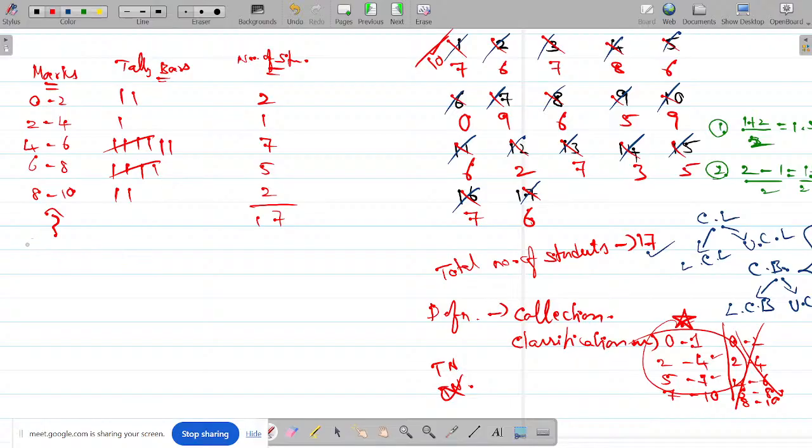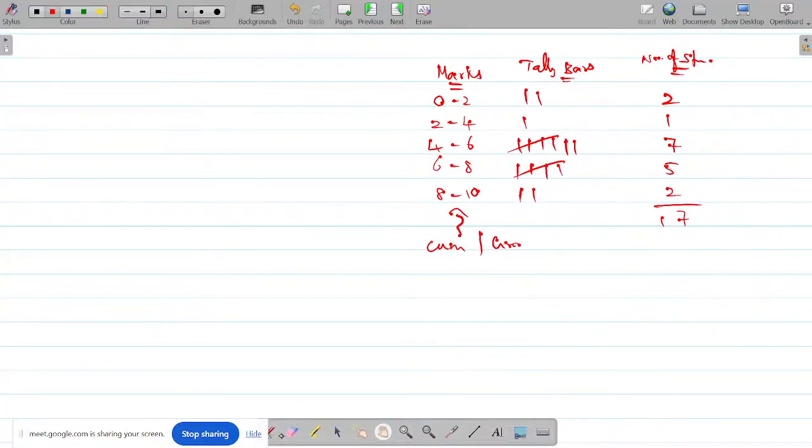Then we have to go particularly for cumulative frequency and graphs. Shall I take over? For convenience sake, what I'm going to do here is take a horizontal line and make the markings. What's the first value? 0 to 2, then 2 to 4, then 4 to 6, 6 to 8 and 8 to 10.